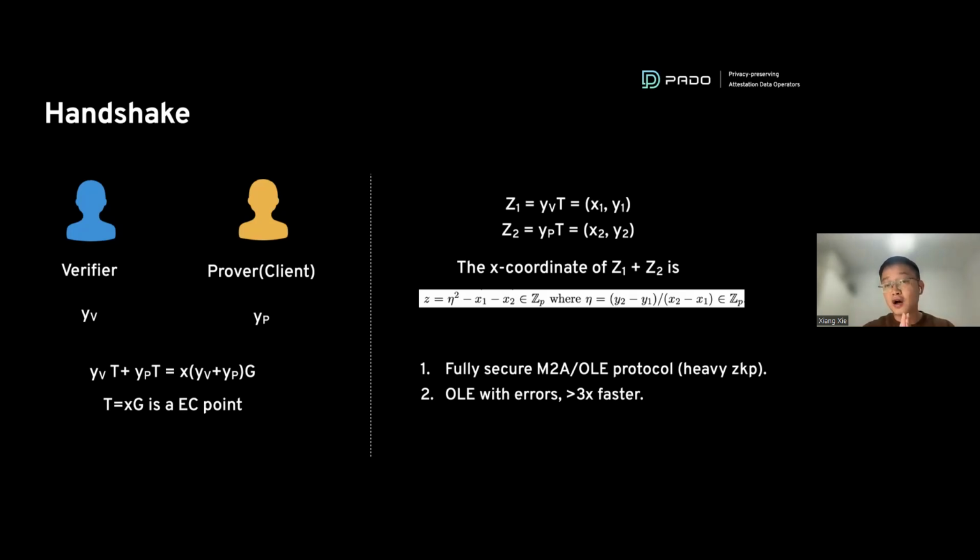So even if in the OLE with errors protocol the prover introduces some errors into the output, he can be detected by the verifier in the IZK proof. The IZK proof makes sure that the prover cannot introduce any errors in this kind of situation. So we can use OLE with errors, a lightweight building block, and it's maybe 3 times faster or even more than using a very general M2A protocol. That's how we improve the two-PC handshake part.